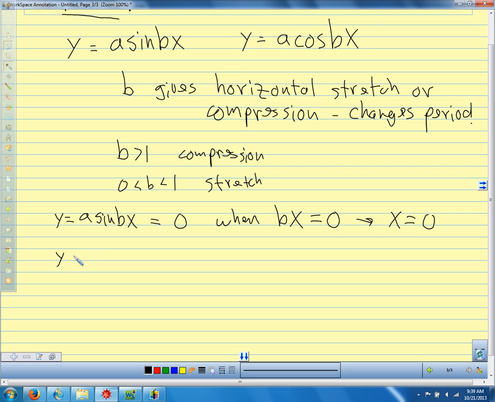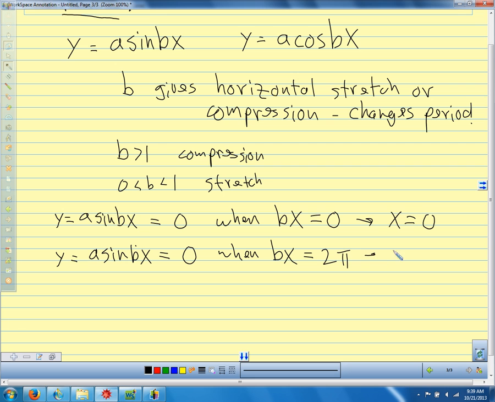And a sine bx equals 0 when I go all the way around the unit circle. I repeat. So when bx equals 2 pi, whatever's in there, when it equals 2 pi, I've gone all the way around my unit circle.